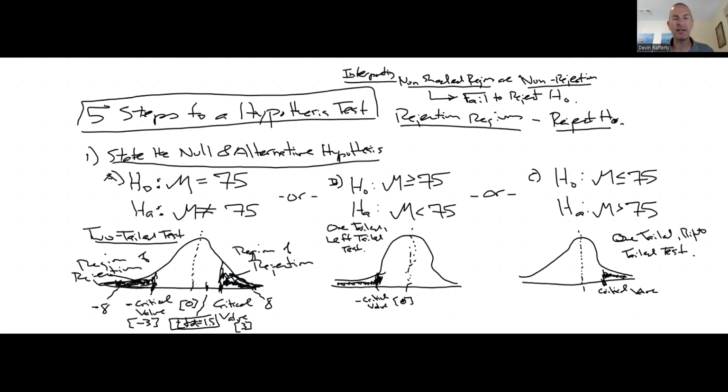And then when you state the null and the alternative, you will always have case A or case B or case C. The only difference would be for a 1 sample, you have numbers here. For a 2 sample, you end up having another population here.